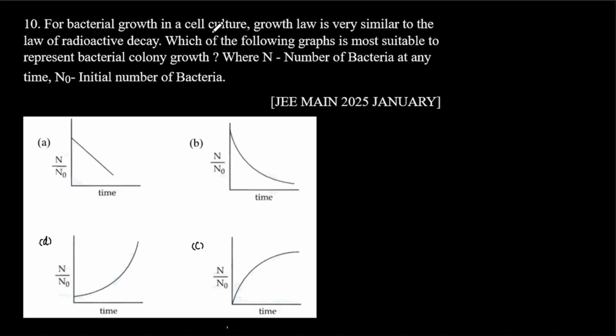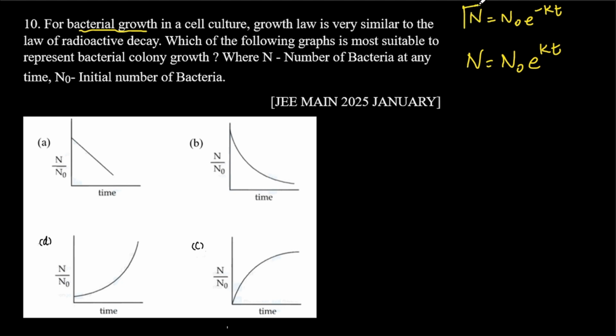For a bacterial growth in a cell culture, growth law is very similar to the law of radioactive decay. We know the law of radioactive decay, N equal to N naught e power minus KT. So the bacterial growth is related to this law of radioactive decay as N equal to N naught e power KT.